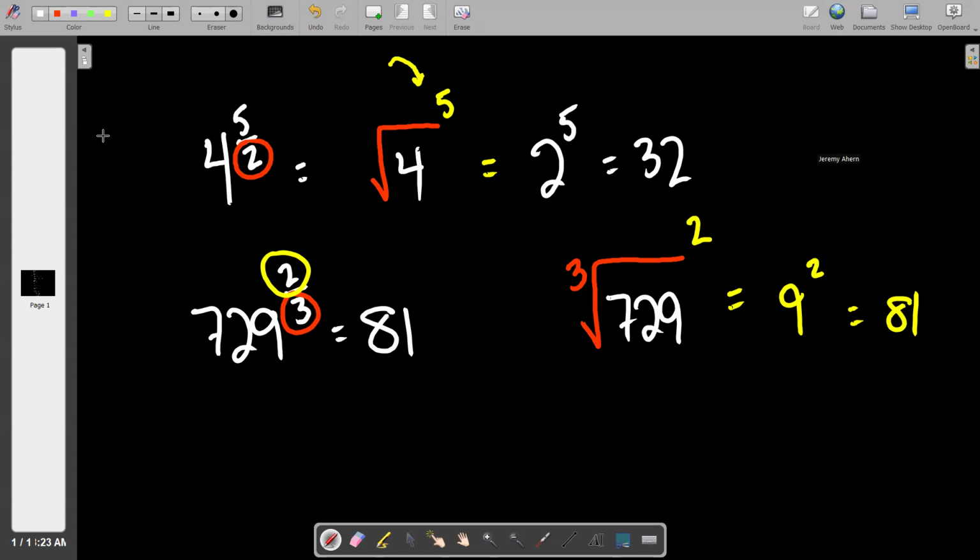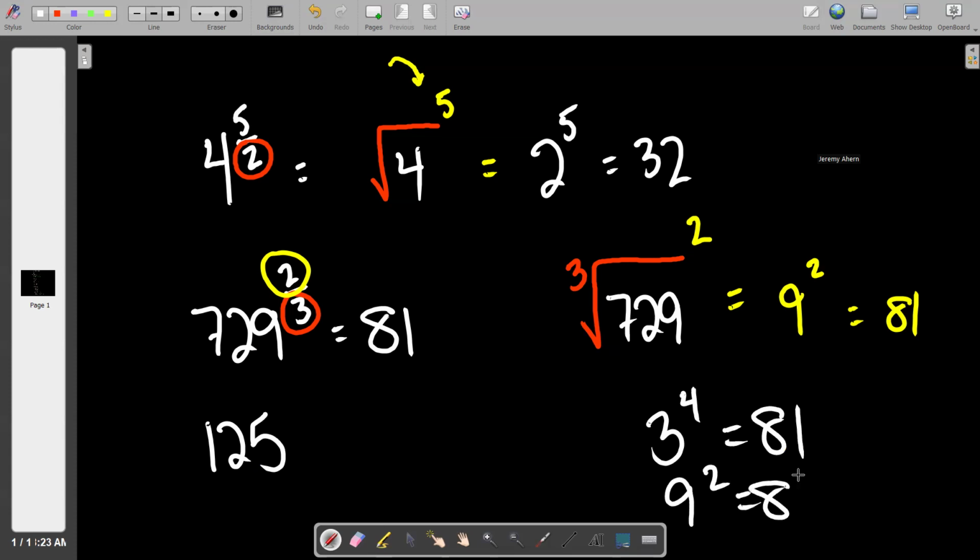Let's go again. What you'll find in mathematics as we go is that there are other ways, like you'll notice that 3 to the 4th is 81, but you'll also notice that 9 to the 2nd is 81, right?